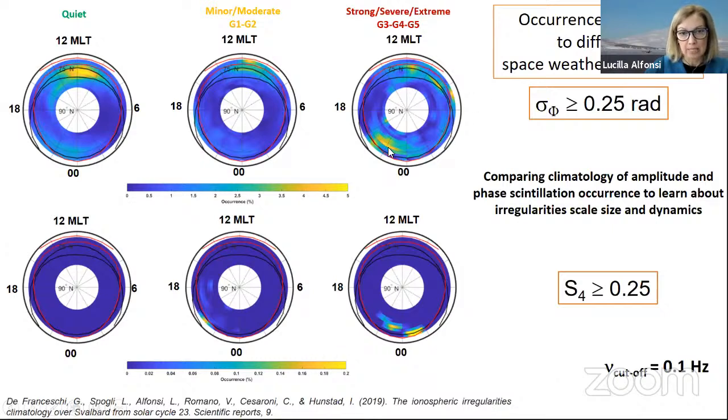For instance, here and here, close in the pre-midnight magnetic sector, we could rely on this representation. But for the cusp region, we should try to look at this enhancement more as a phase fluctuation instead of a phase scintillation. And we have tried to do this exercise in this recent paper published in Scientific Reports.